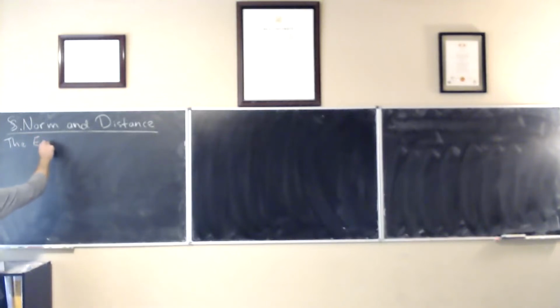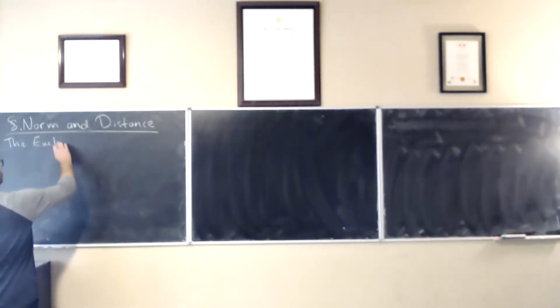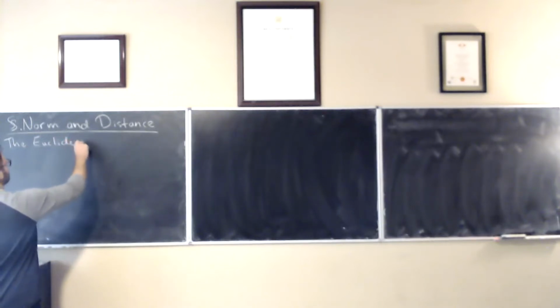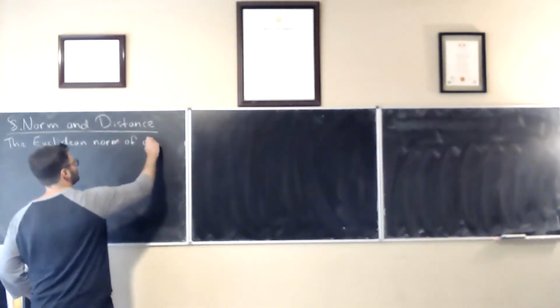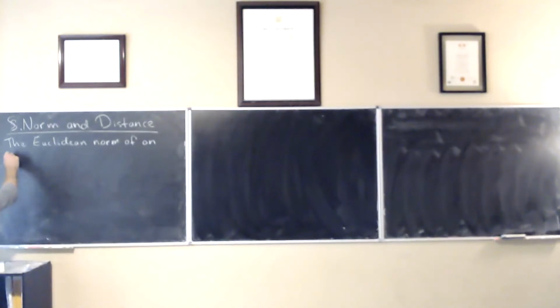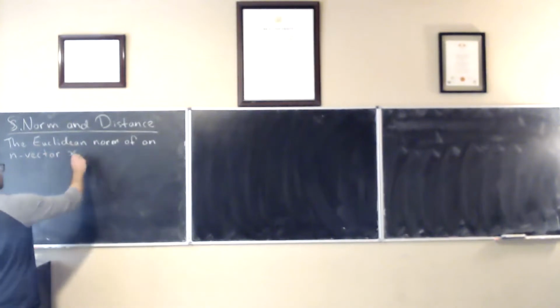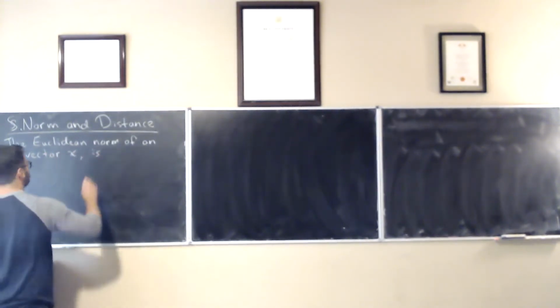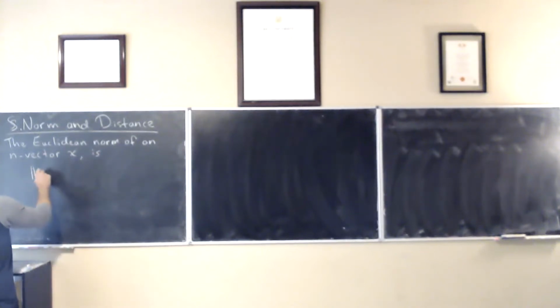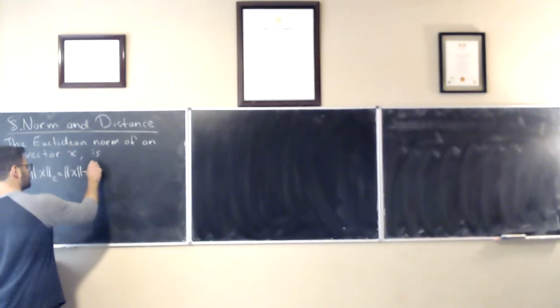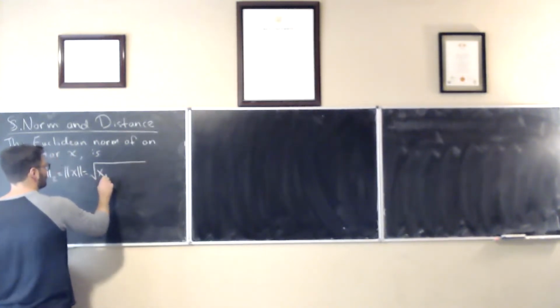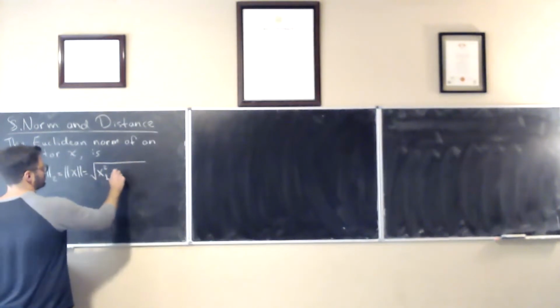The Euclidean norm of an n vector x is the square root of the sum of squares of the entries.